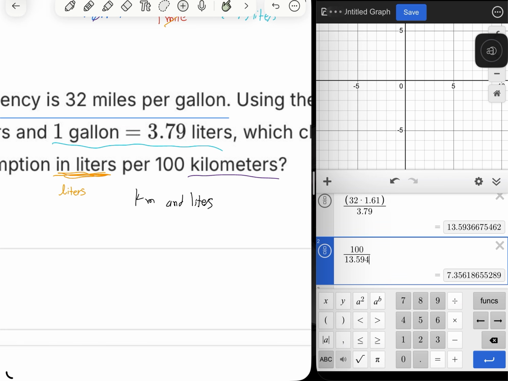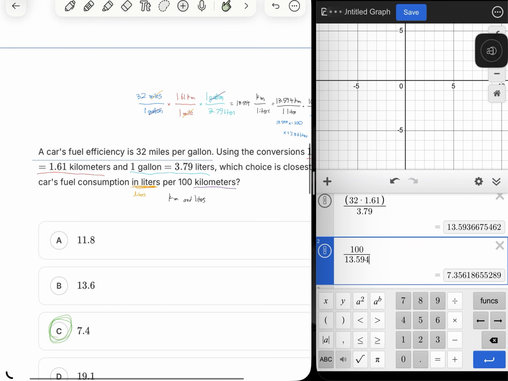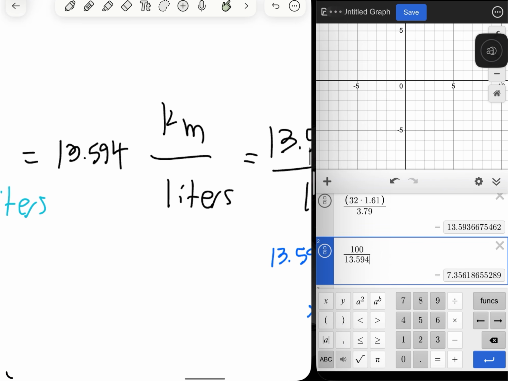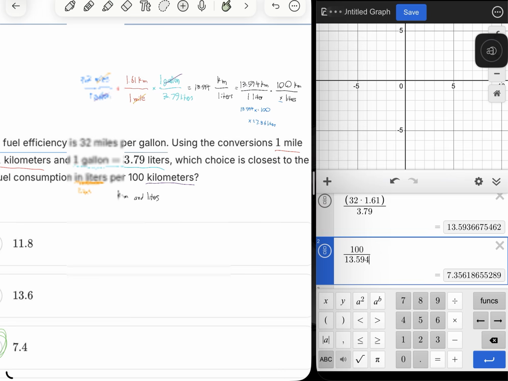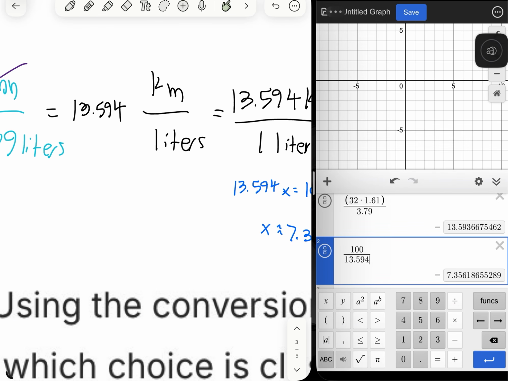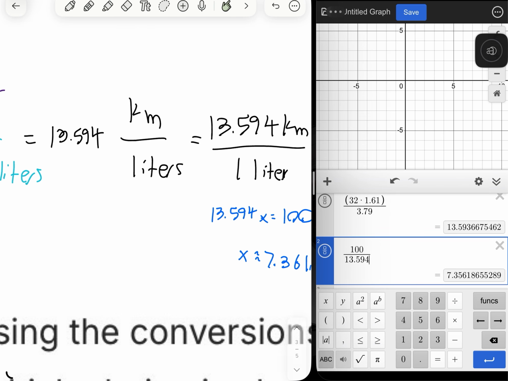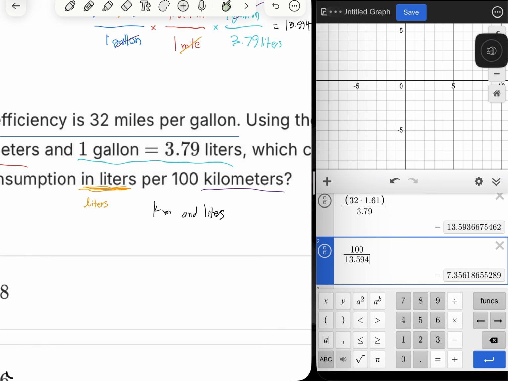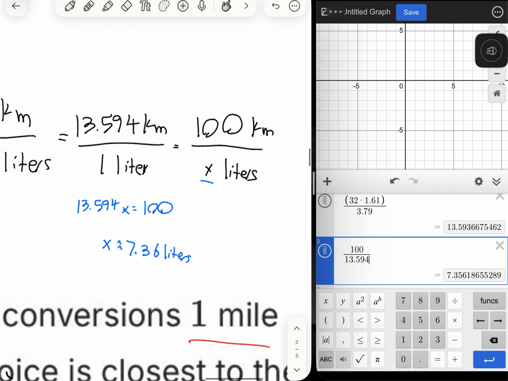You know that there have to be those units in the final result. Your third step is to follow the flow. Keep on crossing out, keep on multiplying until you get a unit which has both of those things in that final phrase. So here it's kilometers and liters. And usually for most of these problems, that's actually the final step. That's all you have to do. But for this problem, we had to find the amount of liters per 100 kilometers, so then you set up a proportion.